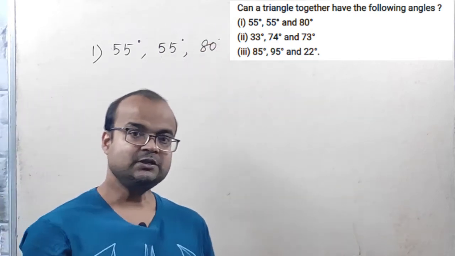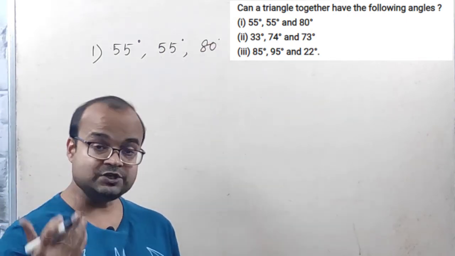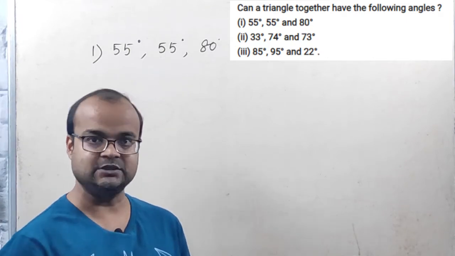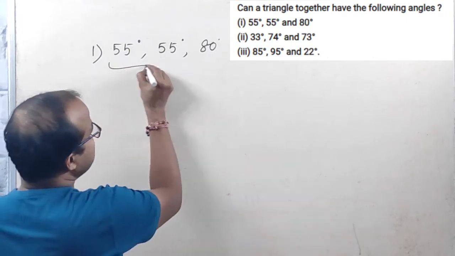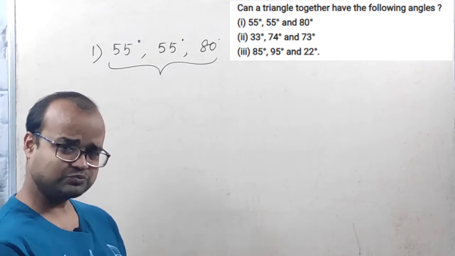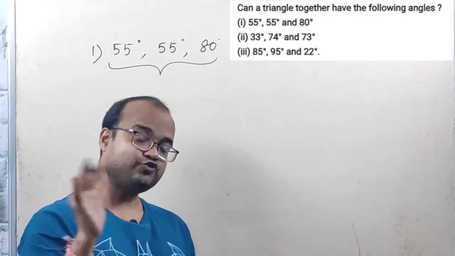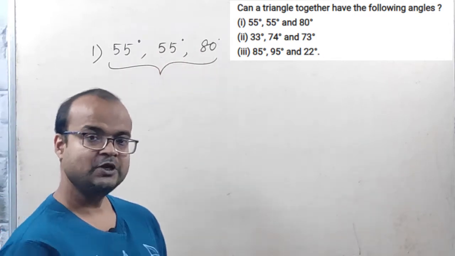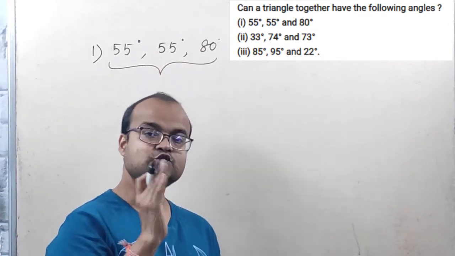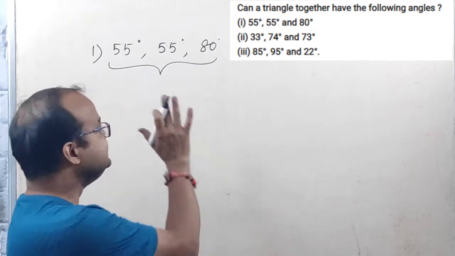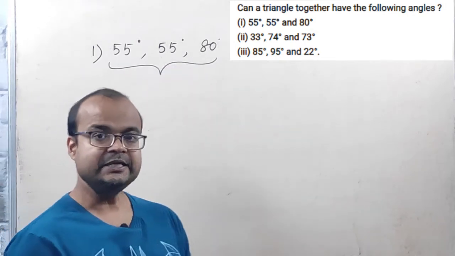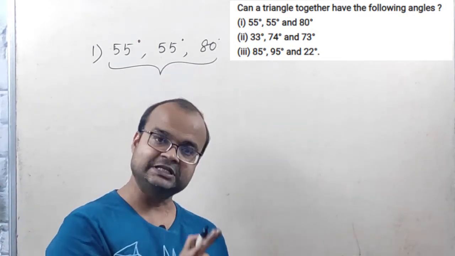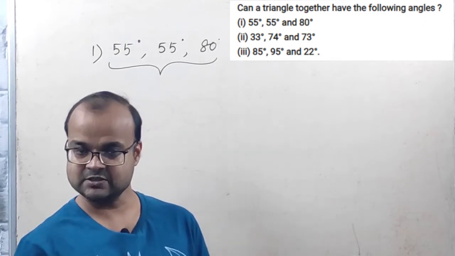Now what does it mean? The question is, is it possible to draw a triangle with this set of angles, or can a triangle have this set of angles? So what we need to do is add these three angles, and if the sum comes to 180 degrees, your answer is yes.